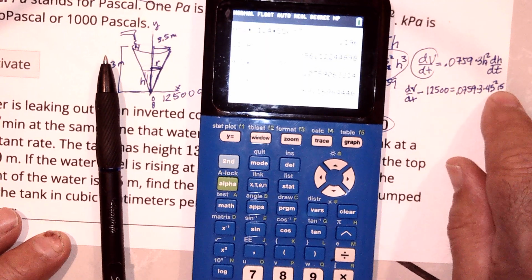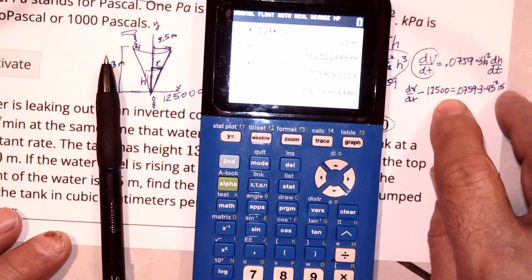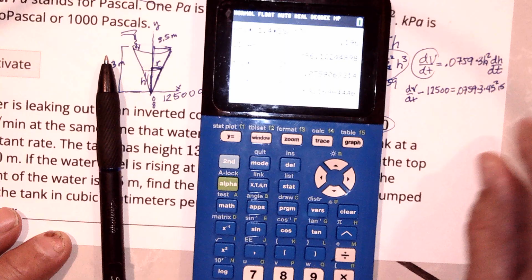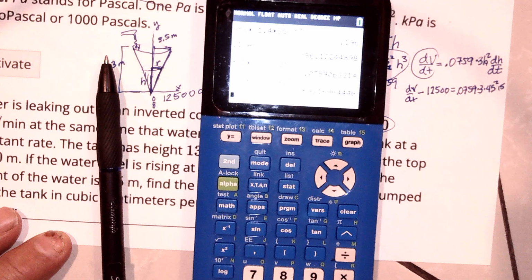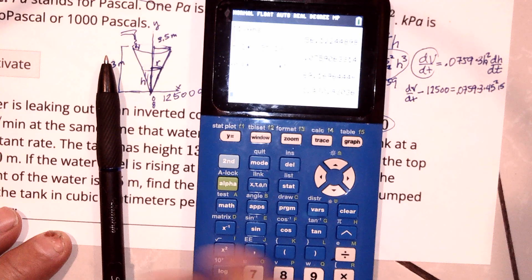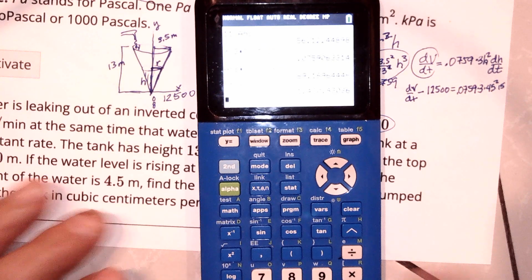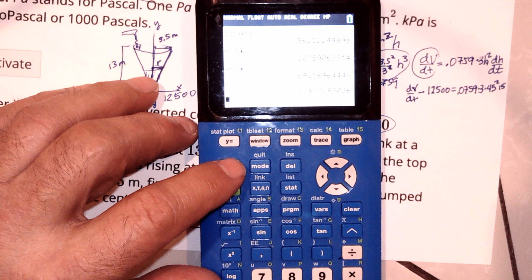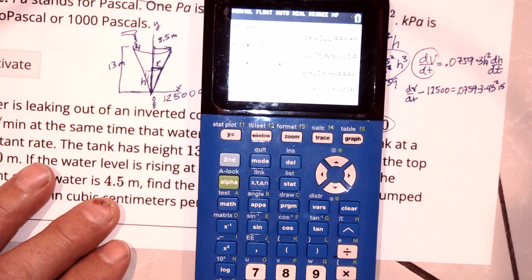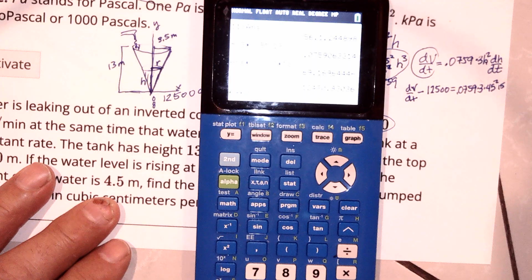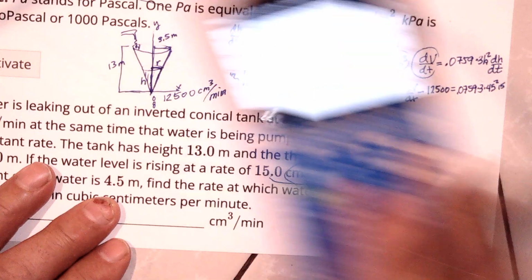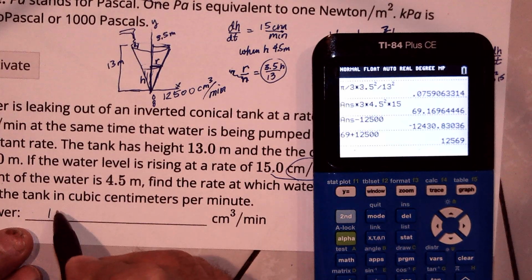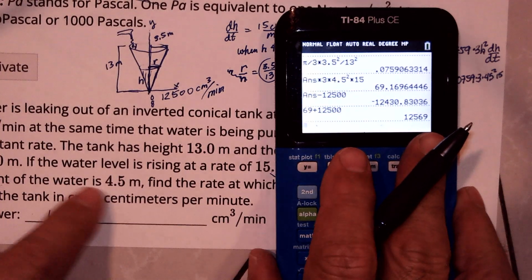That's how much volume is going in to keep it rising, and this is leaking, so we got to go plus 12500, and so I didn't do plus. So 69 plus 125 is 125. 120.